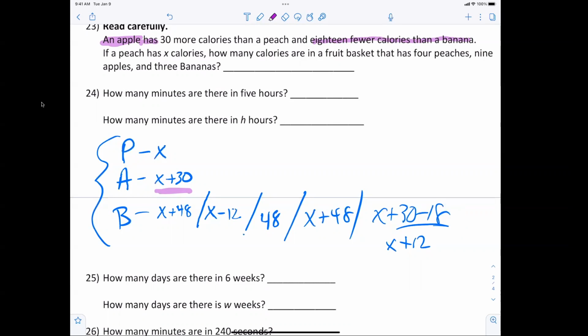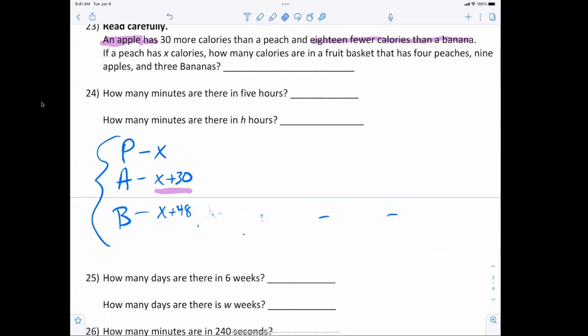So does the banana have more or less than the apple? More. So it's whatever the apple is, plus 18. So whoever said X plus 48, put a little pat on your back. That's really hard and really good if you're able to think that through.